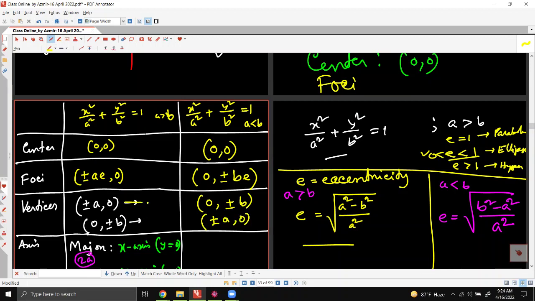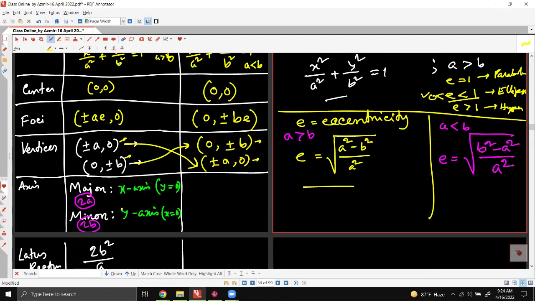You can see that the same coordinates are here, but this time these are the main vertices, and these are the co-vertices. And here these are the main vertices and these are the co-vertices. Okay, then axis. If we have an ellipse of this form, this will now be the major axis.